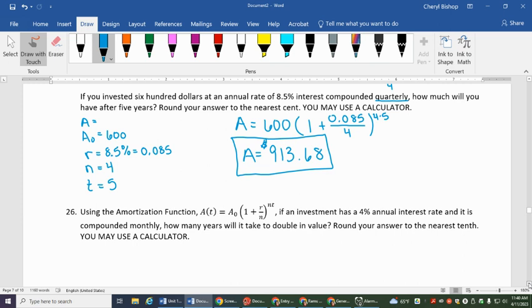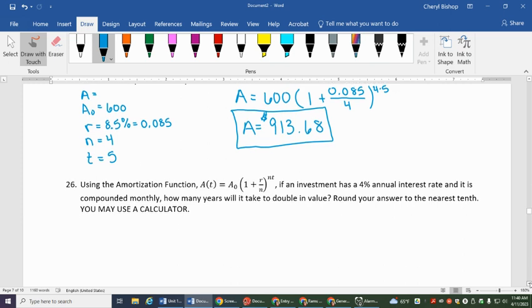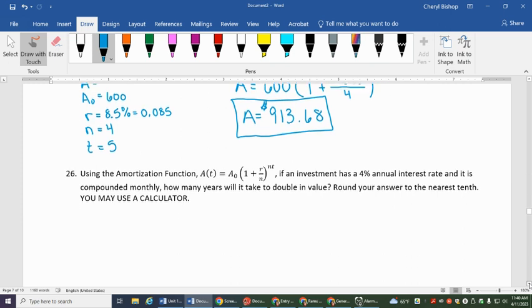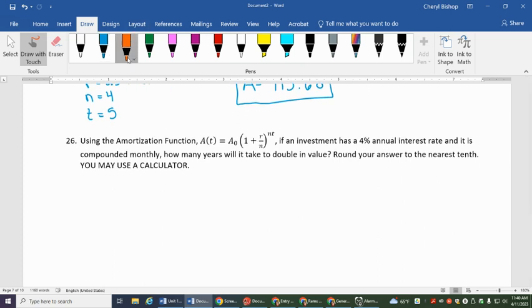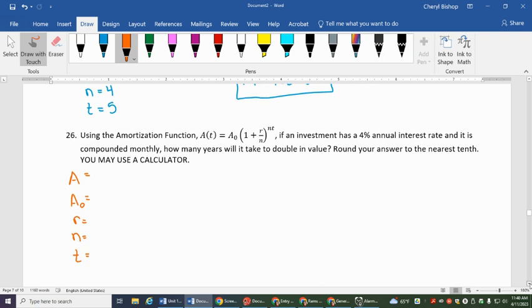Here's another one. Using the amortization function, they gave me the equation. So I'm going to do the same thing. I'm going to organize my data, my A sub 0, my rate, how much it's compounded, and for how long we're investing. All right.